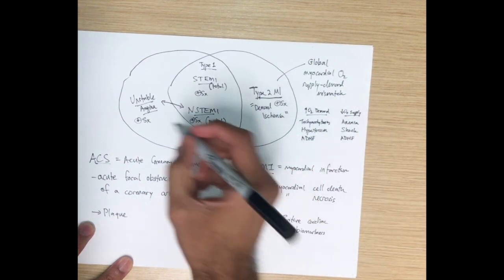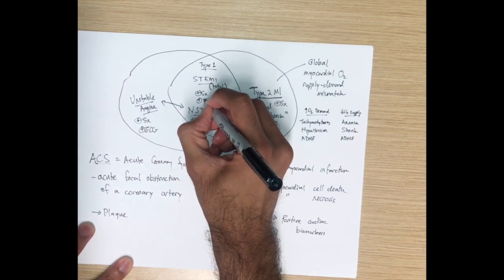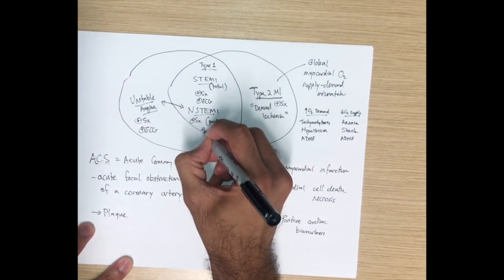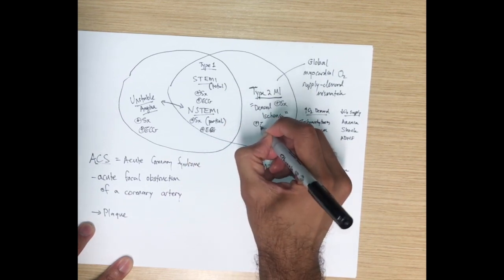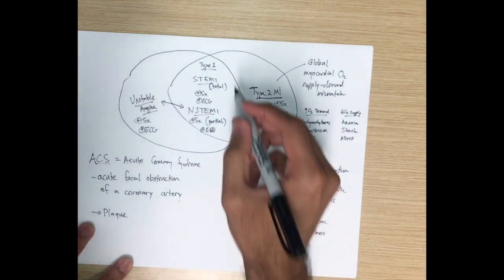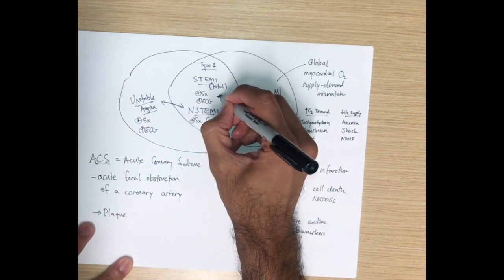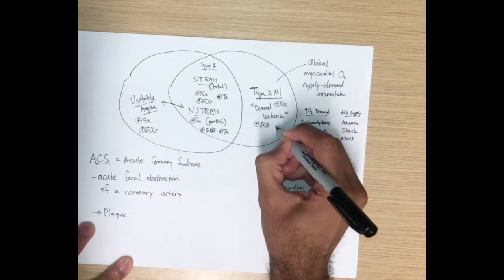In all of these, people can have ECG changes that are consistent with myocardial ischemia. And except for unstable angina, in the other 3, people have positive cardiac biomarkers.